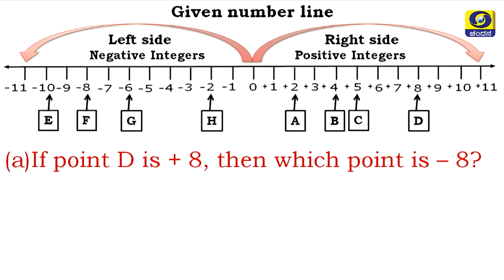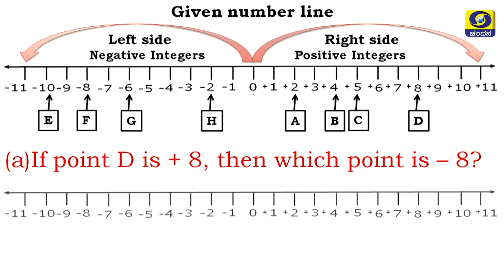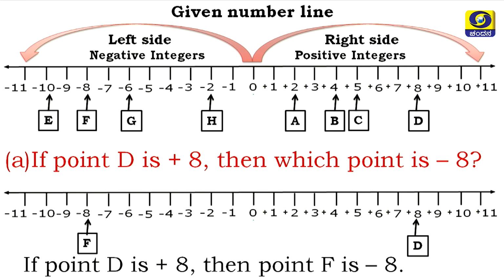If point D is plus 8, then which point is minus 8? This is plus 8, D. What is minus 8? The minus 8 is F. Very good. If point D is plus 8, then point F is minus 8.